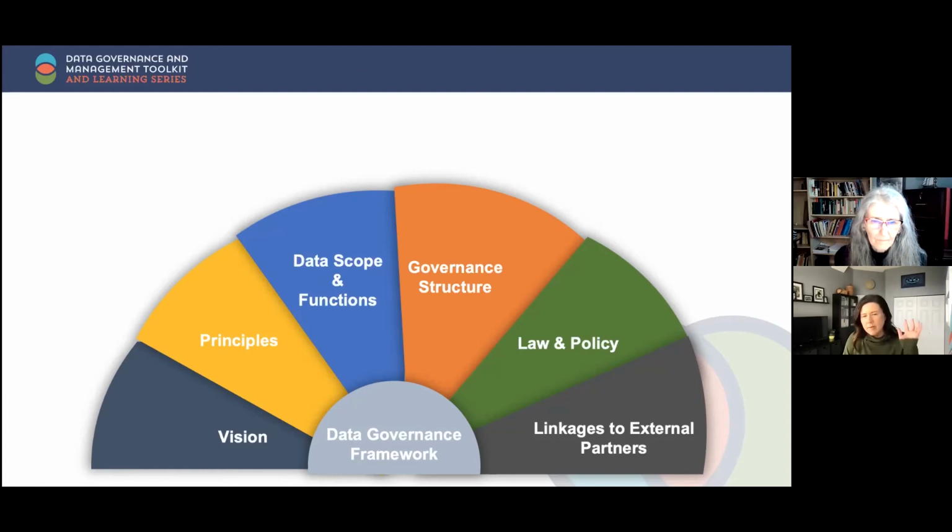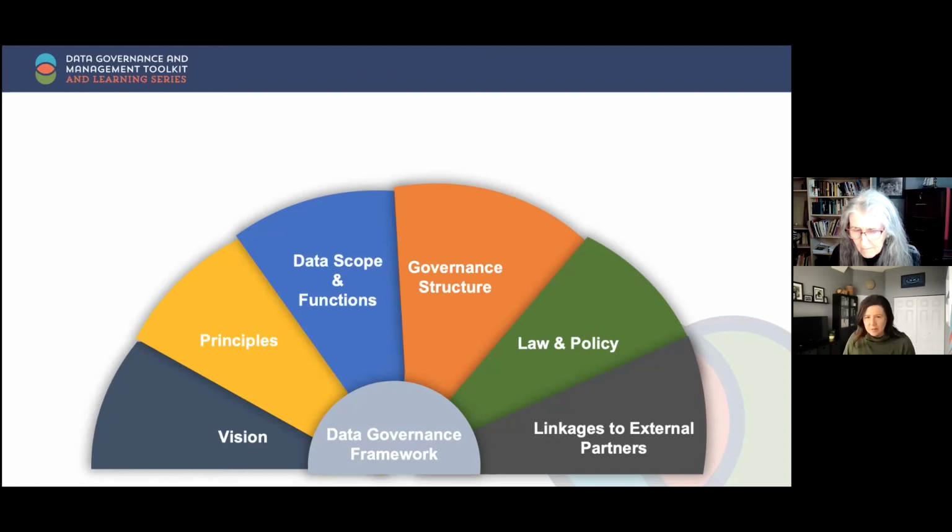Then we're going to talk about core functions, or the why. We talked a little bit about this early on, but we'll revisit it and ask what this would mean in a local IG context. We'll give you an overview of the key components of a data governance structure. For the sake of today, we just included one option, but don't feel like that's the only option.